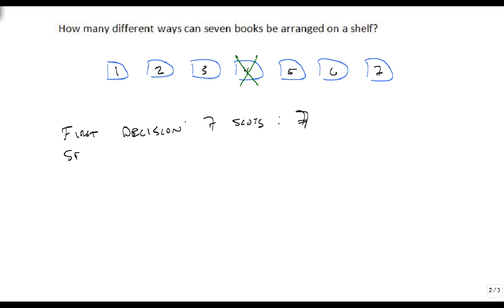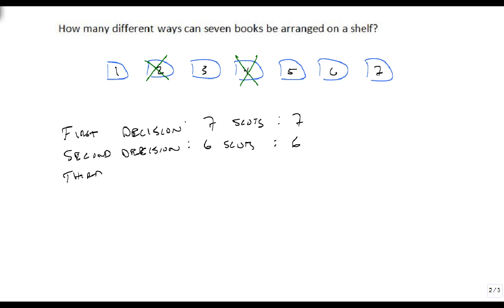The second decision, which is the second book, has only 1, 2, 3, 4, 5, 6 slots left, which says there's 6 different choices. And let's just say that we take out this one. It really doesn't matter, I'm just trying to illustrate the point here.